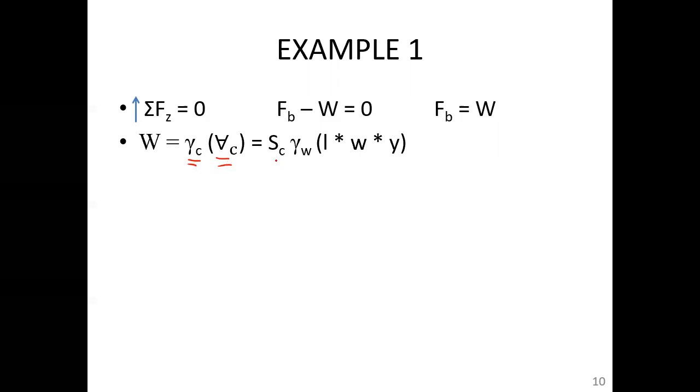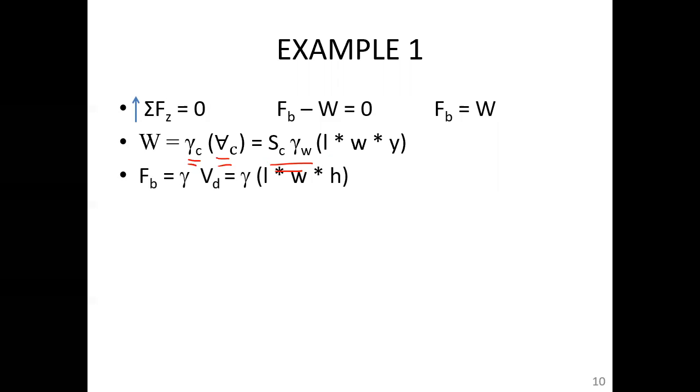The specific weight of the cube is the specific gravity of the cube times the specific weight of water. That comes right from the definition of specific gravity. And then the volume of the cube is just the length times the width times the height: 10 centimeters times 10 centimeters times 10 centimeters.